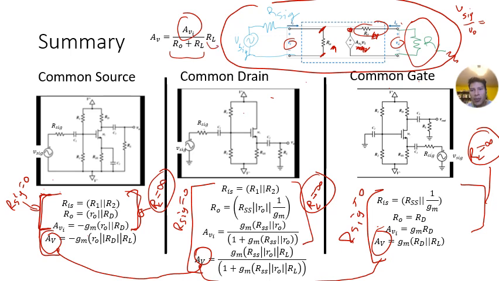So the voltage drop between here and here is just AVI times VI. So the current must be AVI times VI divided by RO plus RL. And then the voltage across here is just the current flowing through here, which is AVI times VI divided by RO plus RL, times RL.